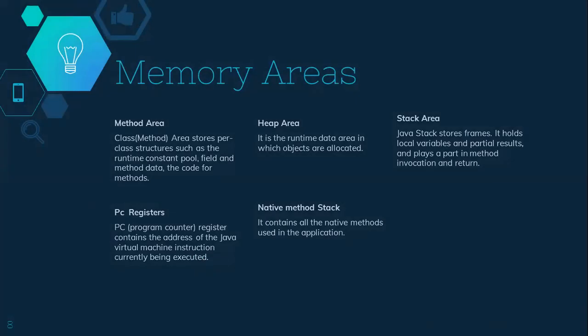So what is the method area? In the method area, class data will be there, including static variables. All the data related to the class will be stored in the method area.